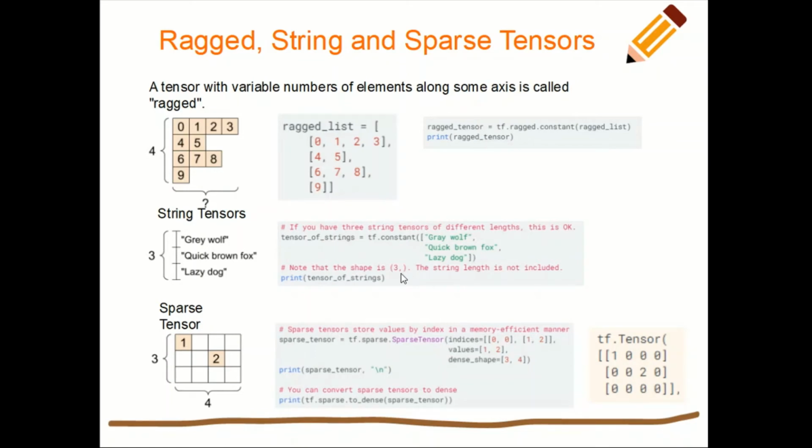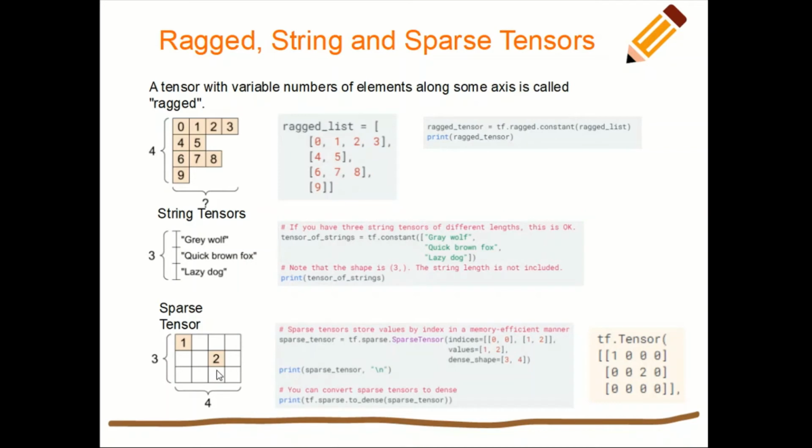So it doesn't worry about how many characters you had in each one of those strings. You will not be able to access individual elements of this string. The shape that you get is a tensor of 3 strings, and they are stored as byte strings.